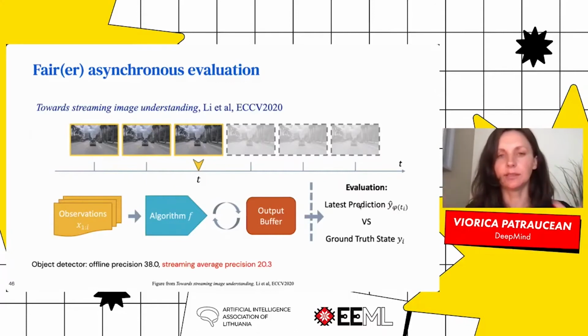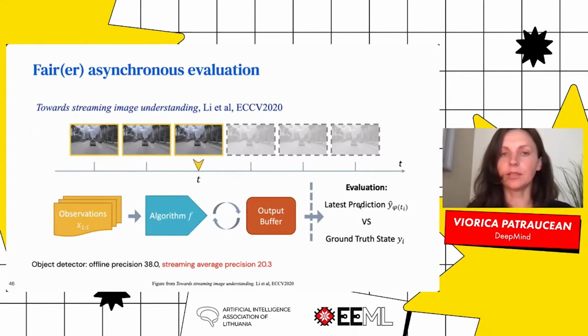They separate the execution of the model from the evaluation. So you have this asynchronous evaluation where the model just writes to a buffer whenever it finishes the execution. And then you have your evaluator job that just reads at regular time intervals whatever it finds in that output buffer and evaluates against that.